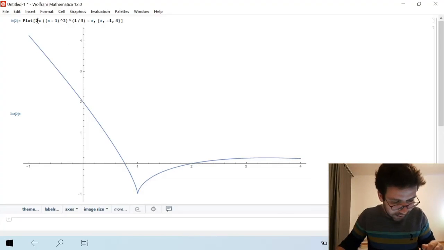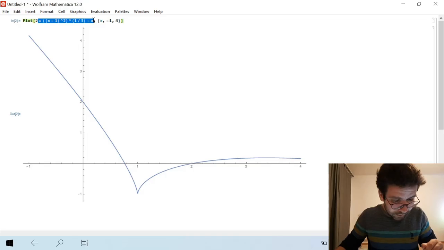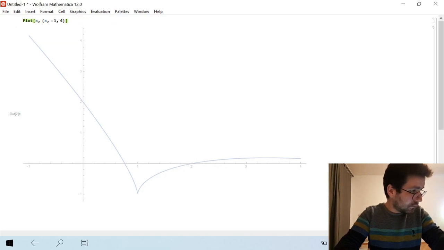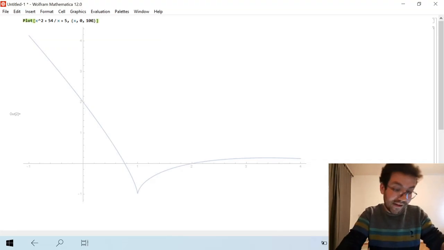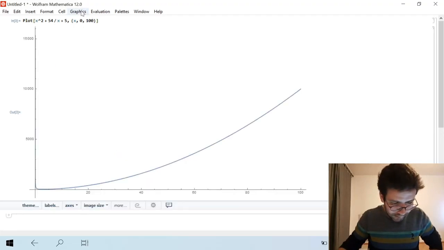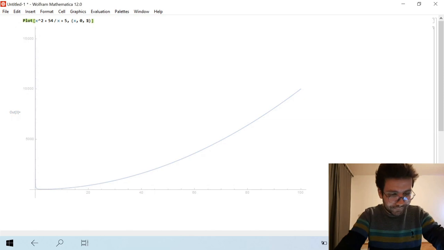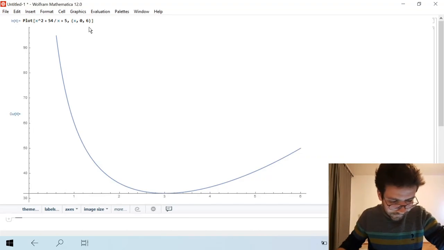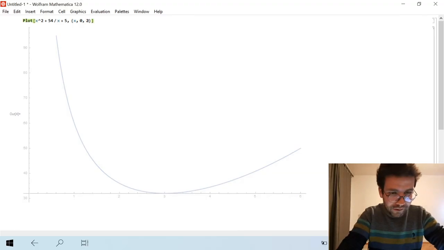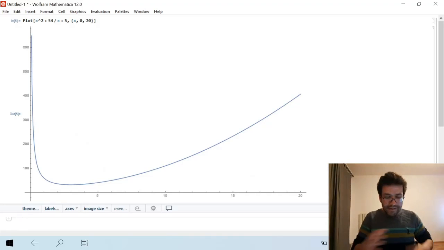Let's plot x squared plus 54 divided by x plus 5. And let's plot this from 0 to 100. I can't go up to infinity, clearly. That's bad. That's too low. Okay, maybe 20 will work. Good. This is the graph of this function.